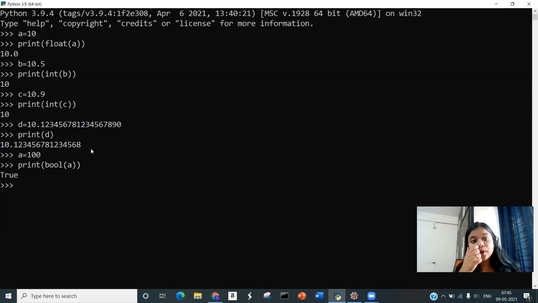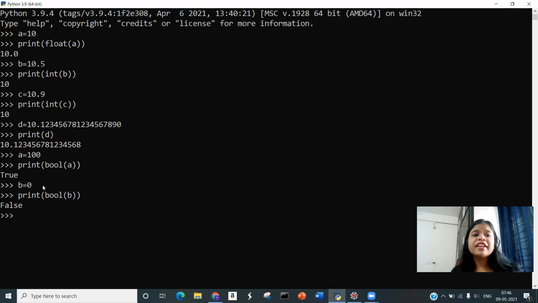That means a is a non-zero value, and for all non-zero values, we are going to get True. Now, if I keep b equal to 0 and print bool of b, I got False because b is 0.